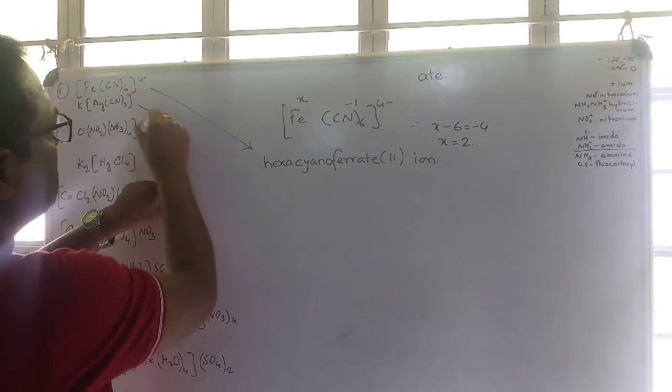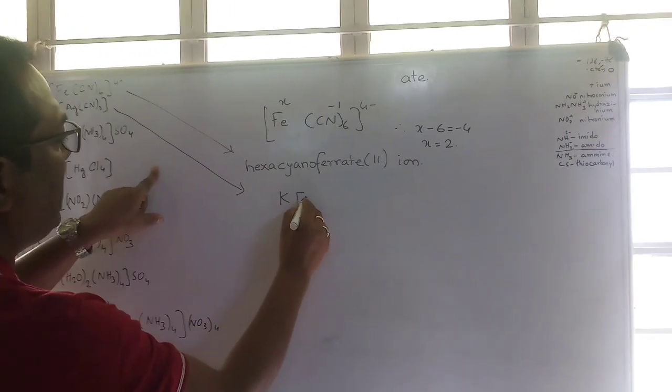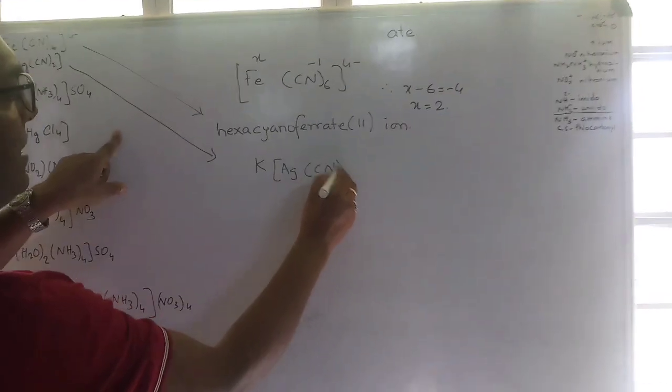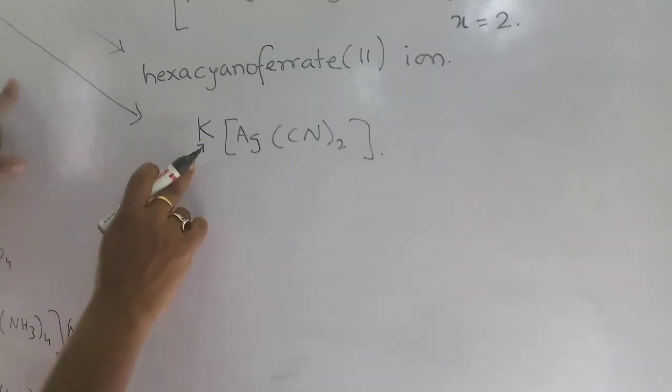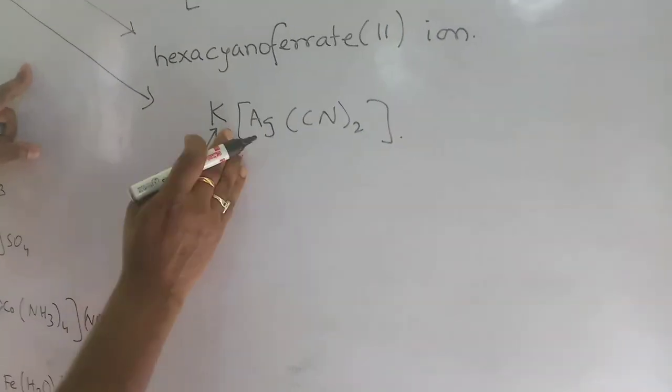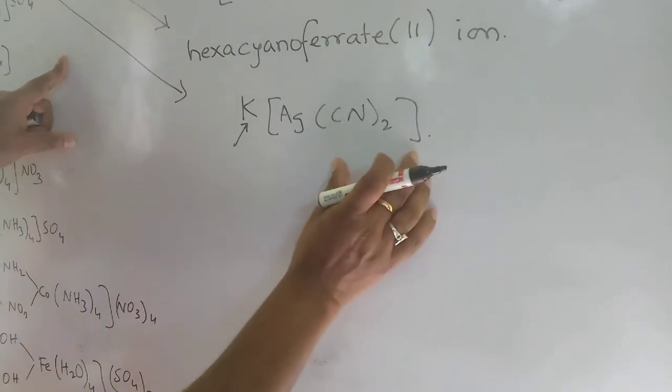In the second case, we have K[Ag(CN)2]. In this case, you have to write the counter ion first because it is found outside the coordination part.